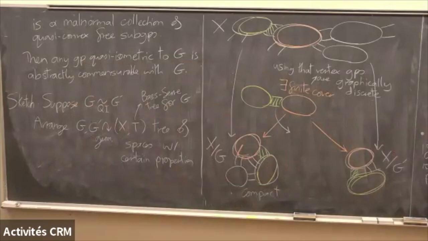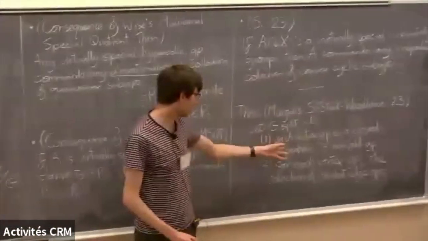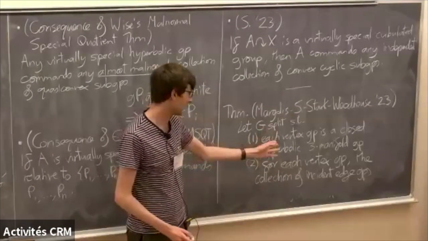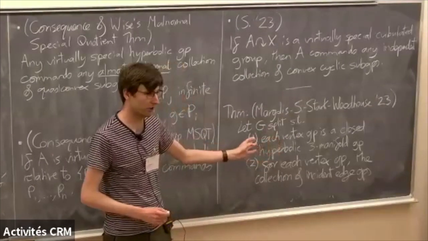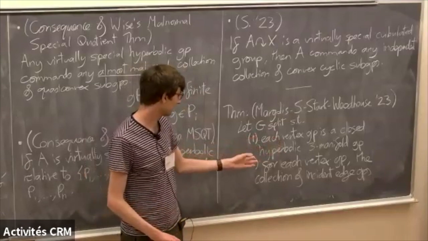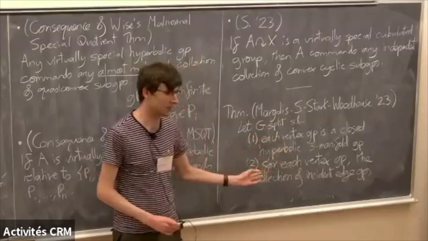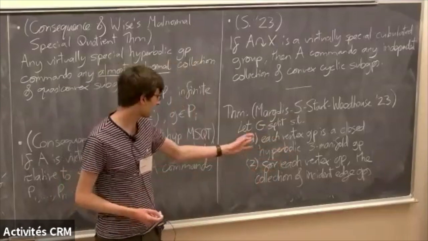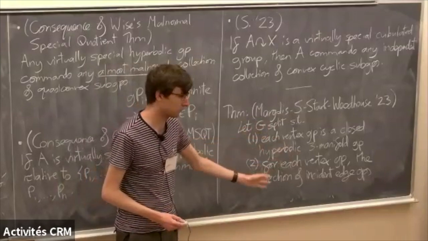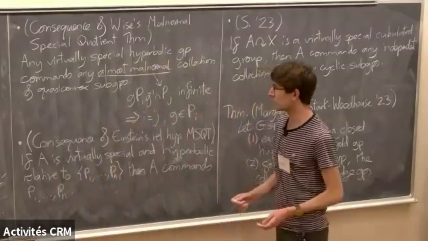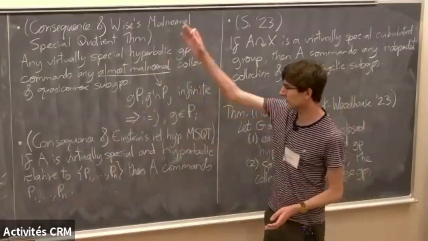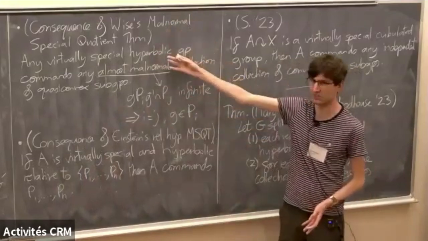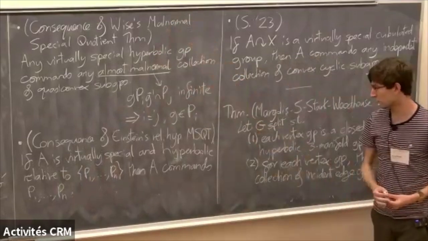Okay, so let's look again at the assumptions we had in the theorem. The first one tells us that the vertex groups are closed hyperbolic three-manifold groups. Now these are known to be virtually special. So the second assumption means that, yes, we're in this case of commanding.